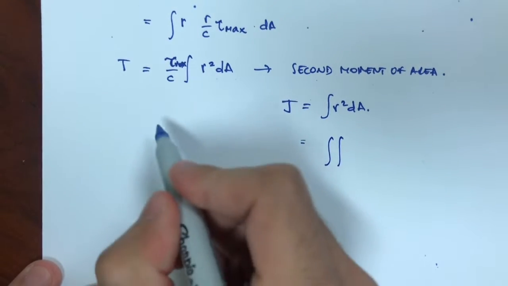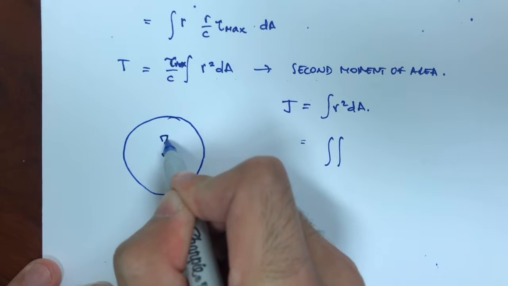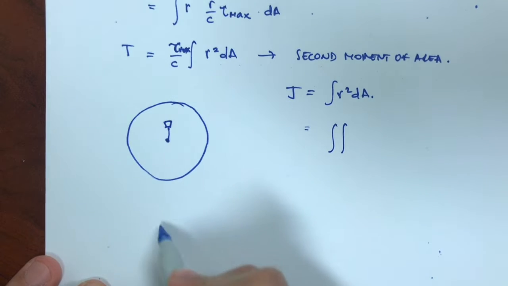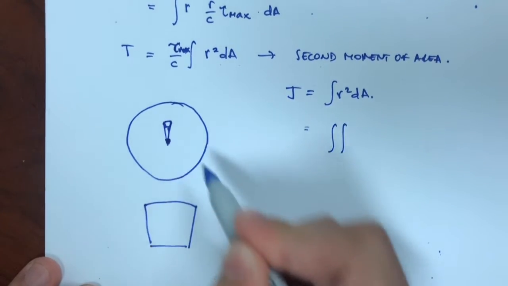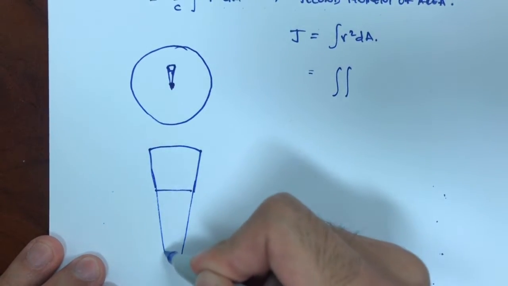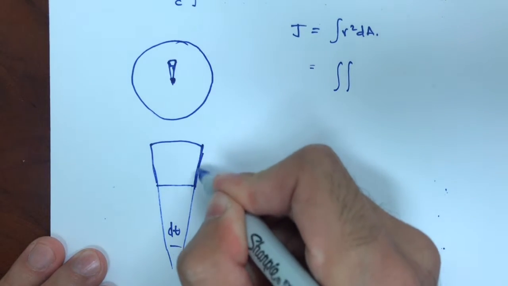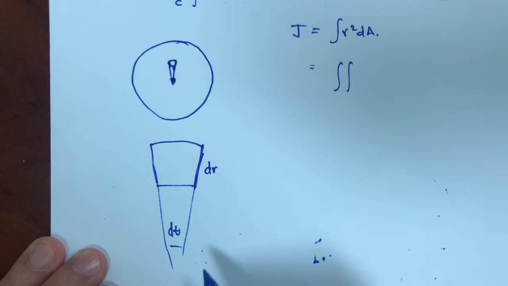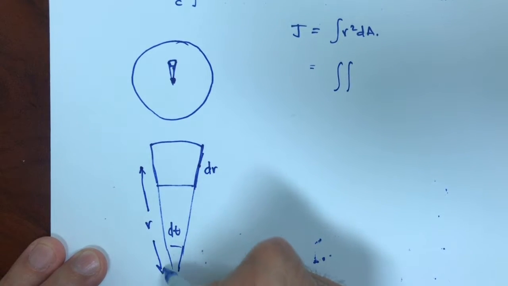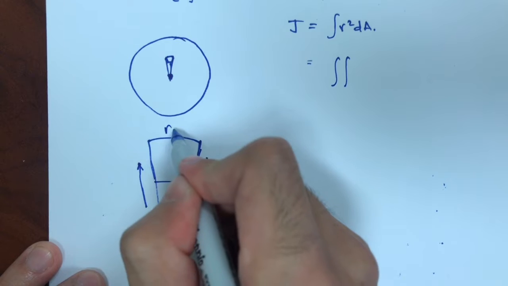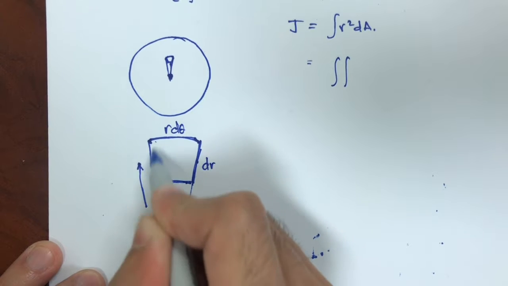and for my dA, I'm going to draw a circle here, and at some point dr, I'm going to have a tiny area element, and if I blow this up, you would see something like this, where this angle from the center is d theta, and then this length is just the smallest fraction of a radius, so that's dr. And if this is located at a distance of r, if I multiply r times d theta, I have the length of this arc, which, if this angle is small enough, we can assume is just a square.